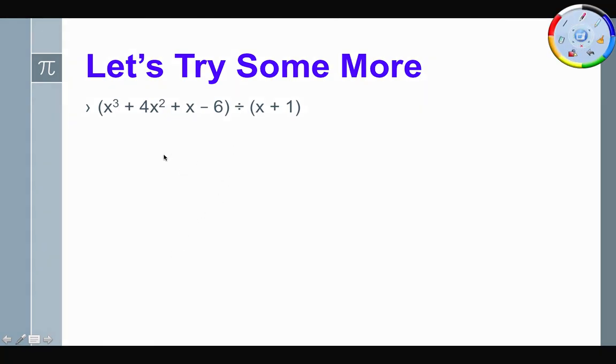The -1 goes in the box because that's the 0 of this piece here. Then we put all the coefficients across the top: coefficients of 1, 4, 1, and -6. We draw a line to do our sum, and then I always put a box down here for my remainder.